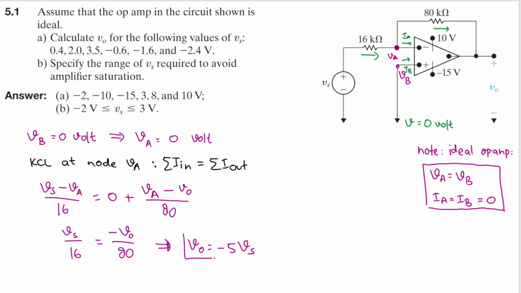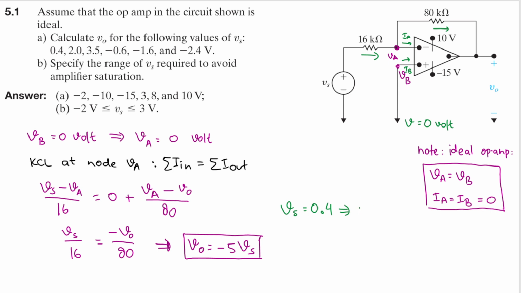Okay, now let's put in the values that the question asks us. Okay, let's see, Vs is 0.4. What is V0? V0 is minus 5 Vs, so I will have minus 5 multiplied by 0.4.